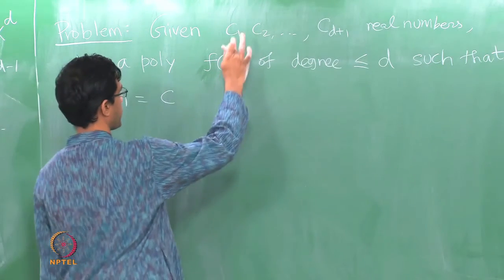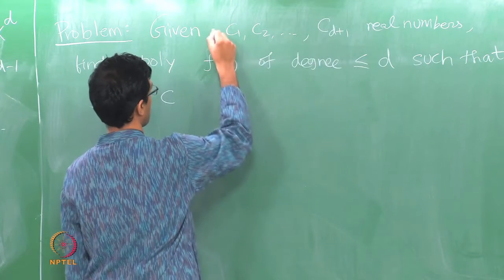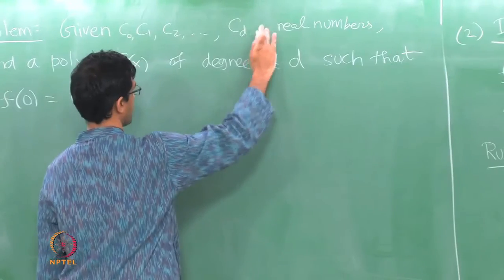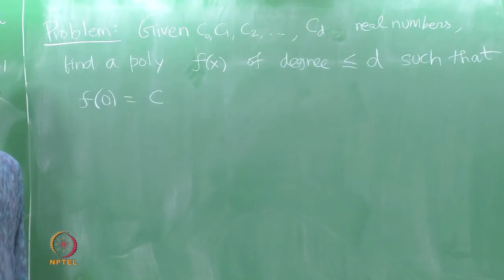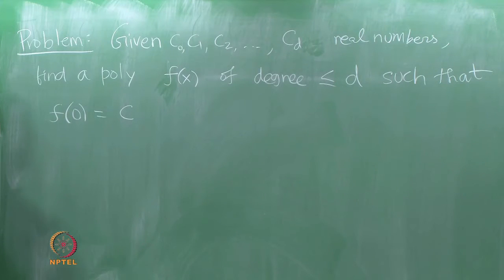So here it is sort of nicer to re-index this. So instead of calling them C1, C2 till C d plus 1, let me call them C0, C1 till Cd, and you will see in a minute why. Let us just call these d plus 1 real numbers C0, C1, C2, dot dot dot.